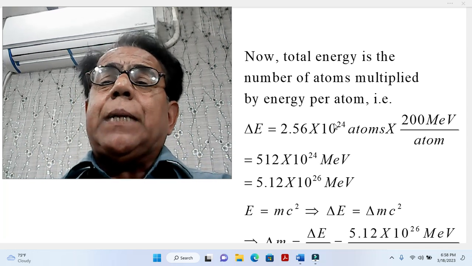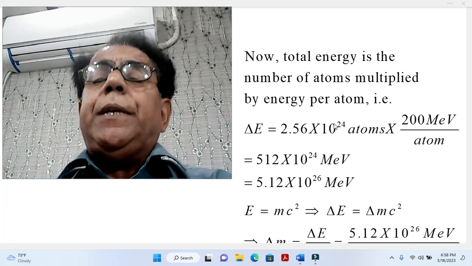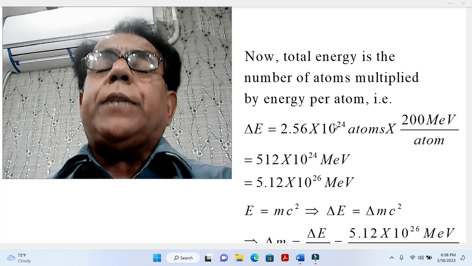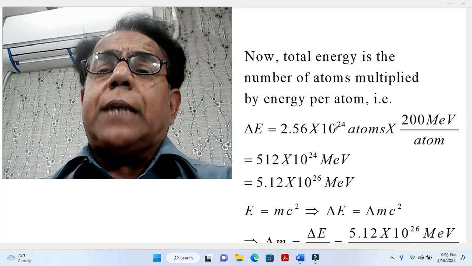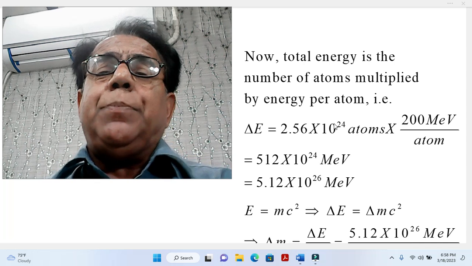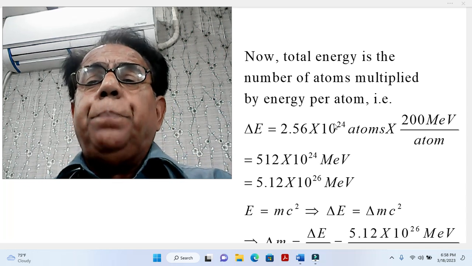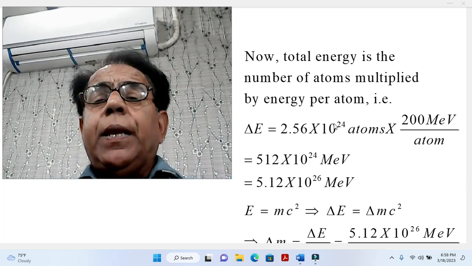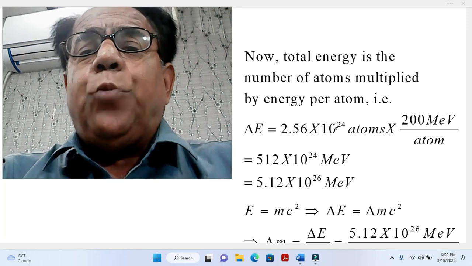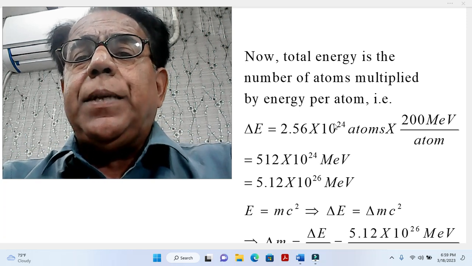Here atom will be cancelled out with atom and our result will be in million electron volt, because energy is in terms of electron volt or million electron volt. Hence delta E becomes equal to 512 into 10 to power 24 million electron volt, or we can write it as 5.12 into 10 to power 26 million electron volt.